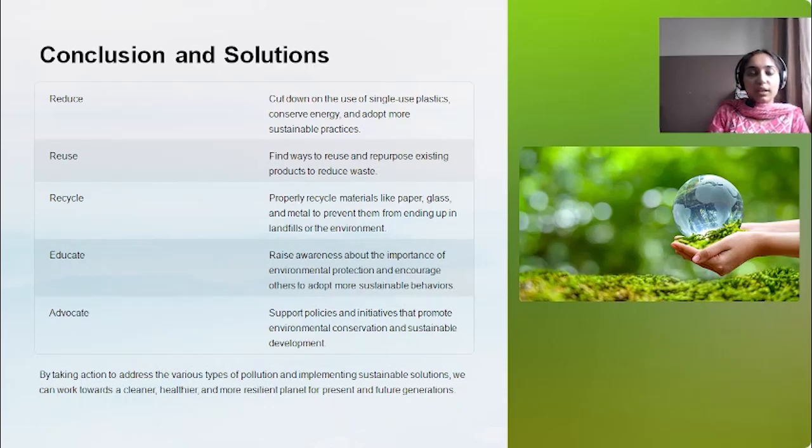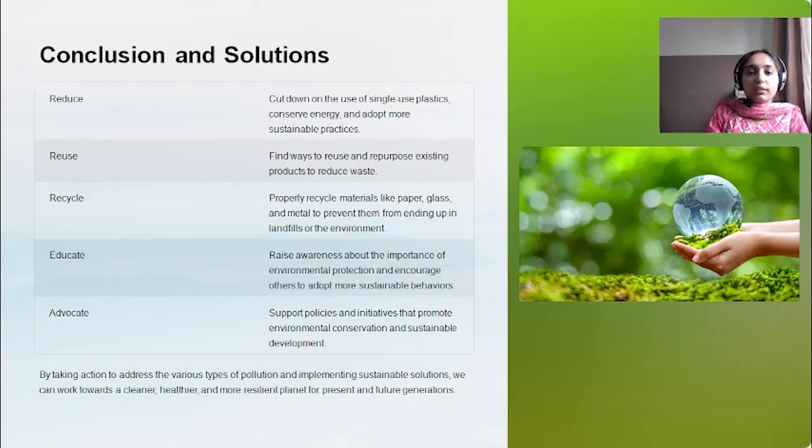What are these 3 R's? Reduce, reuse and recycle. What does reduce mean? Reduce means cut down on the use of single use plastic, conserve energy and adopt more sustainable practices. Reduce means to reduce the usage of something, in terms of noise, plastic pollution.